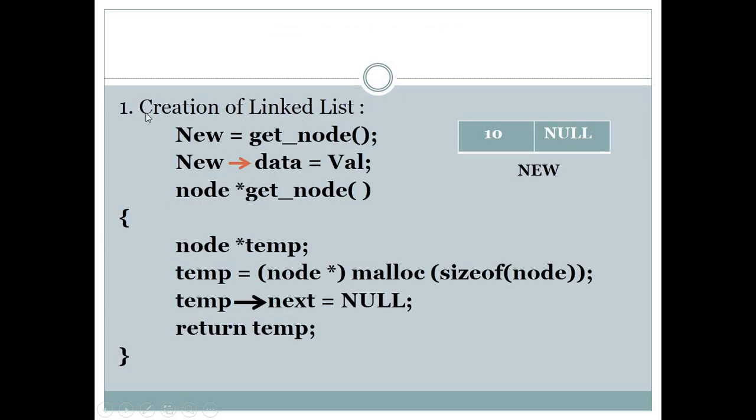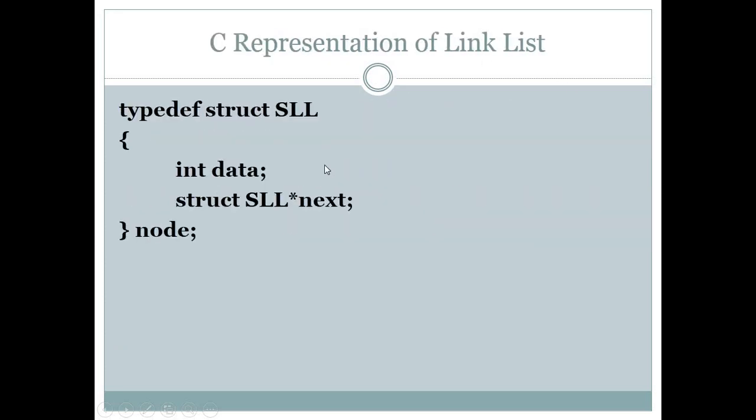Okay, so first is creation of linked list. In that case we will create our linked list. We will do new is equal to getnode. We will call the getnode function. In the getnode function we will have node temp. Node means this type of structure in which your first thing will store the value and second thing will store your address, which we have discussed here.